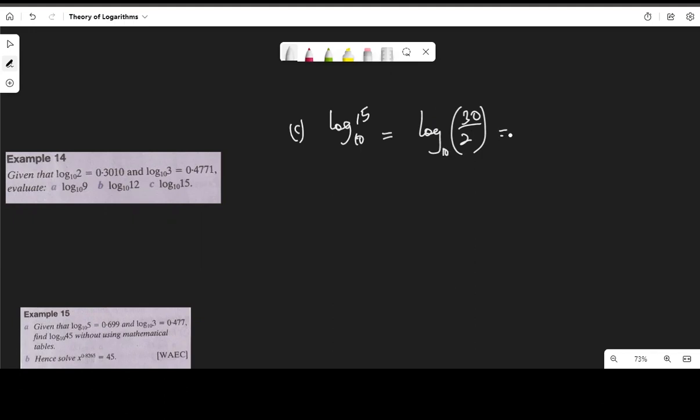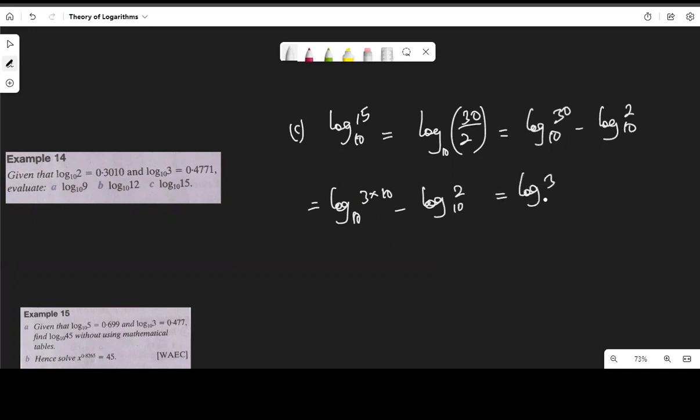So to base 10, this will be log 30 to base 10 minus log 2 to base 10. And log 30 can be written as log 3 times 10, so that I'll have log 3 times 10 to base 10 minus log 2 to base 10, which is log 3 to base 10 plus log 10 to base 10 minus log 2 to base 10.